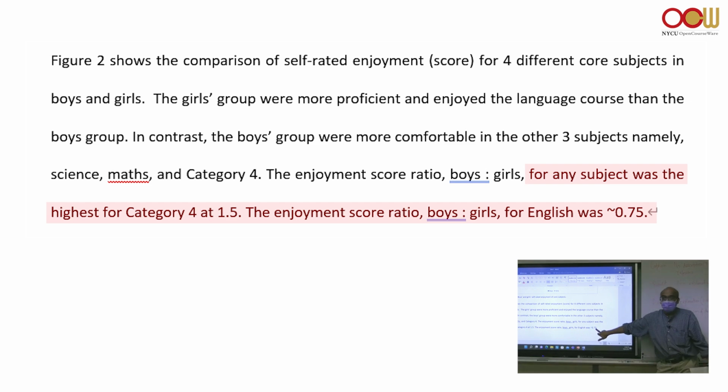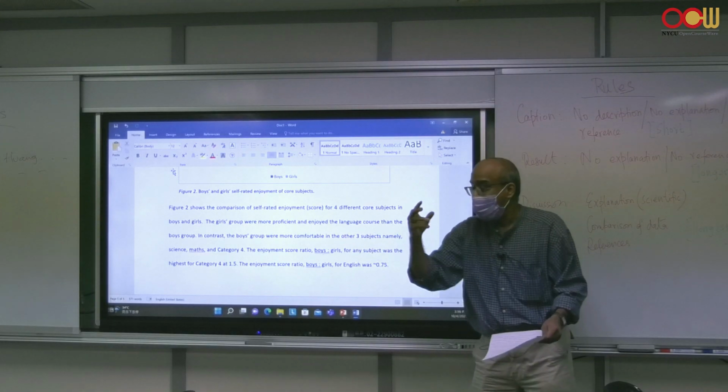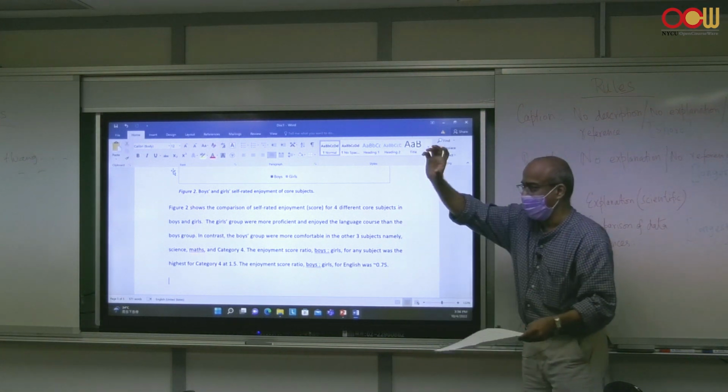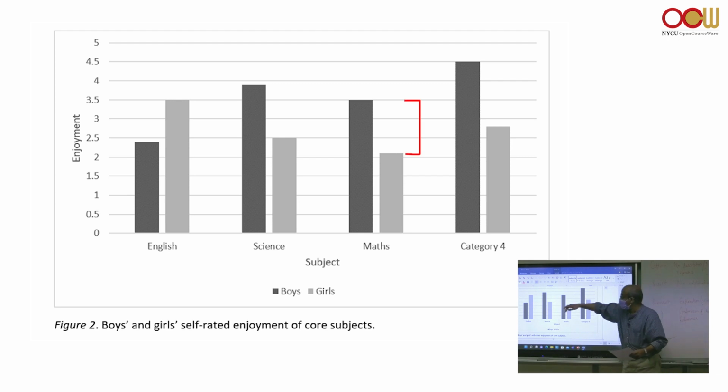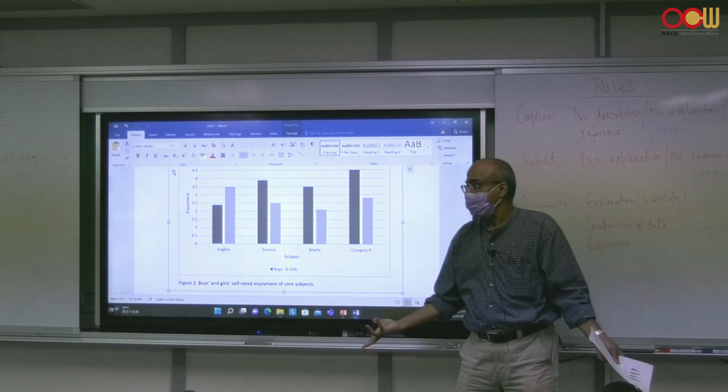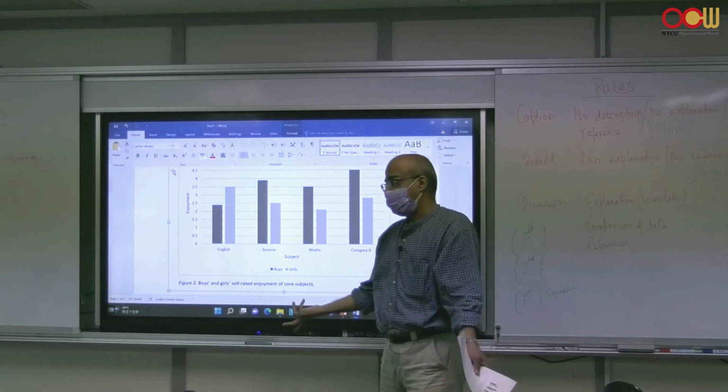That clearly tells you that the girls enjoyed more. So it depends on you how you look at the data. So Huishuan expressed it just as a difference, 3.5 minus 2, so that's 1.5. And I do it as a ratio. You can do it as you like, no problem.